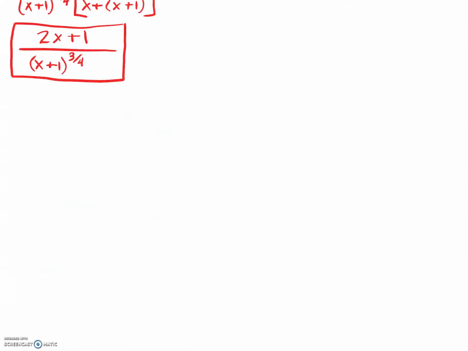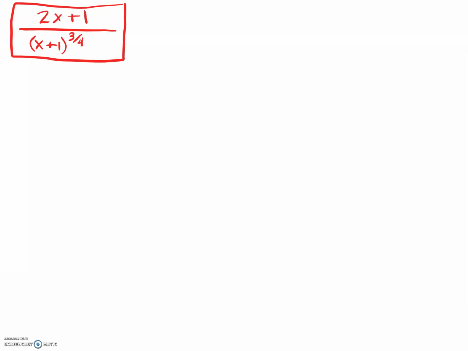Let's look at a different one. This one's also from the book. So if I start with x times x minus 1 to the negative 1/2, and then I have plus x plus the quantity x minus 1 to the positive 1/2.